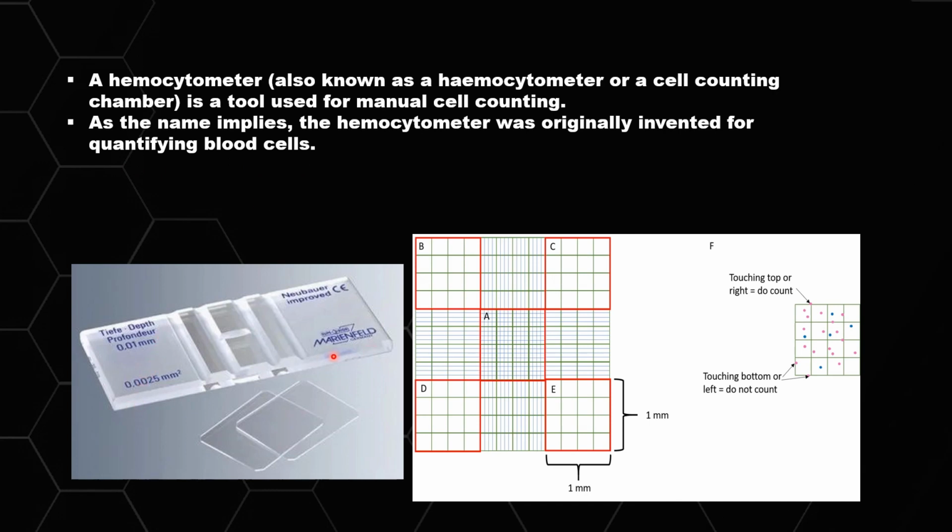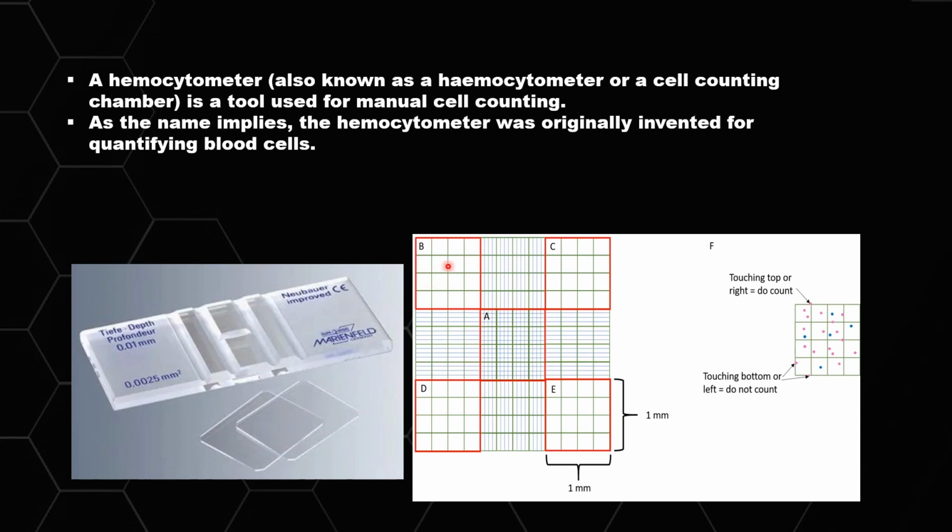The instrument looks like a glass slide, where we have this H shaped zone, and we load a sample on this particular area and we place a cover slip on this, and once we observe under the microscope, this particular area looks like a big square where we have four cornered squares, B, C, D, E, and there are some middle squares. So we don't count cells that are present in the middle square, we count cells that are present in the cornered squares.